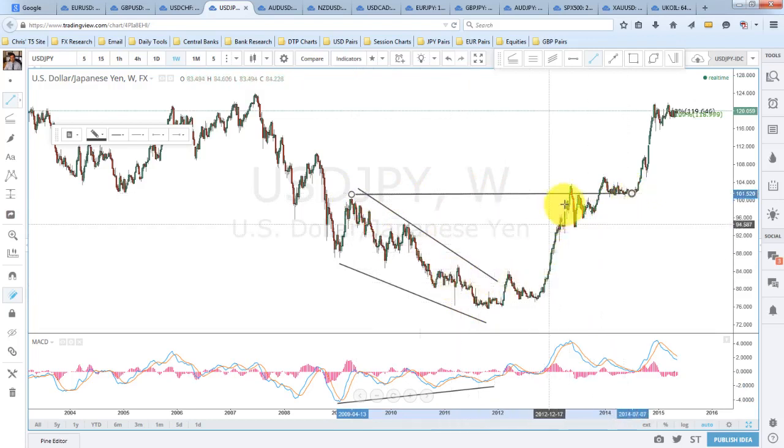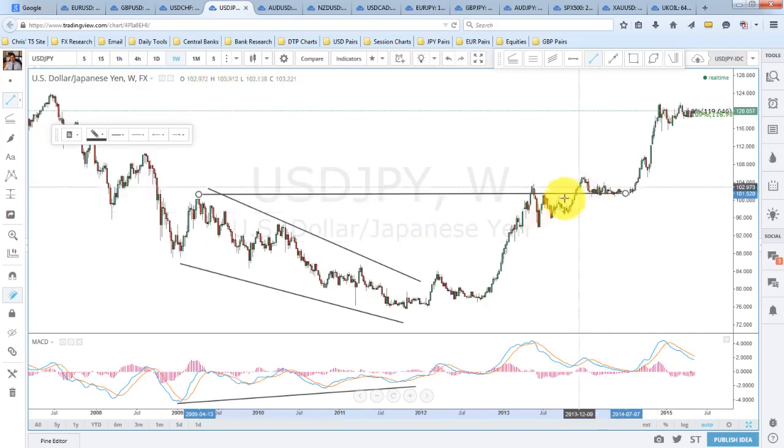The initial resistance was right here at the high between the points that diverged, the beginning of our wedge or ending diagonal. And you can see the market reacted by moving into a corrective triangle here. This is also an example of a very perfect contracting triangle.